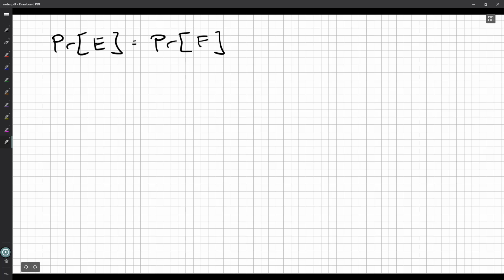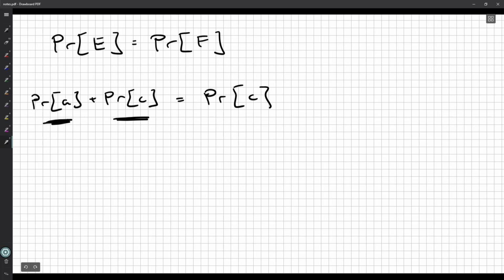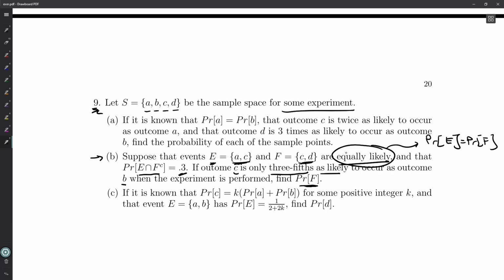Now, because I know what sample points are in E and F, I can rewrite these in terms of the probabilities of the individual weights. The probability that E occurs is the probability that A occurs plus the probability that C occurs. F was just C and D, so I've got this information here. This is something I know for a fact. So they're equally likely.